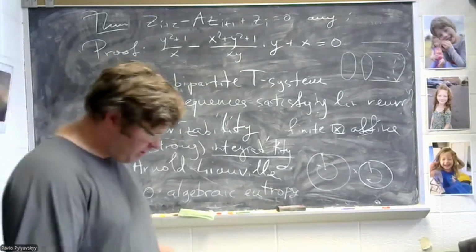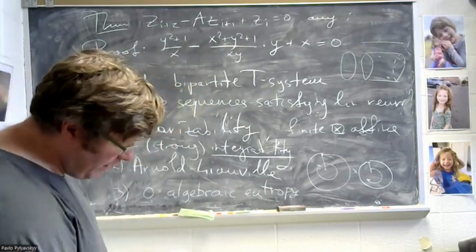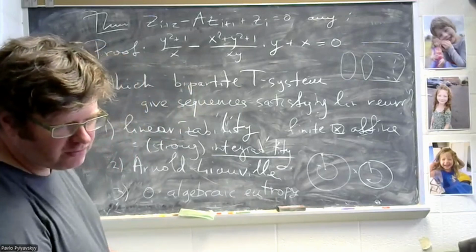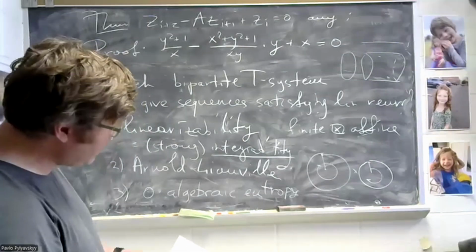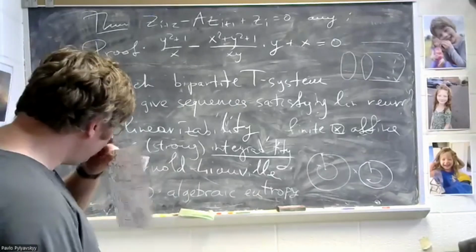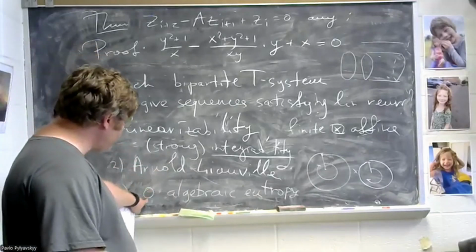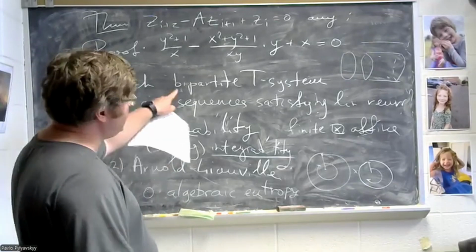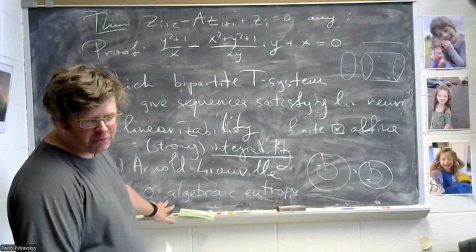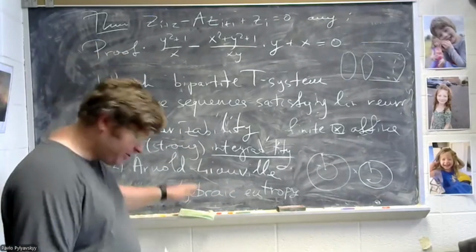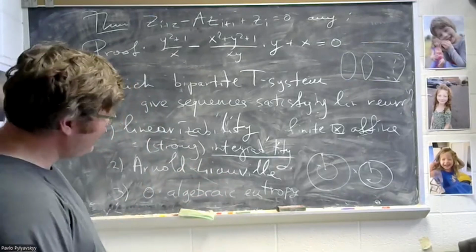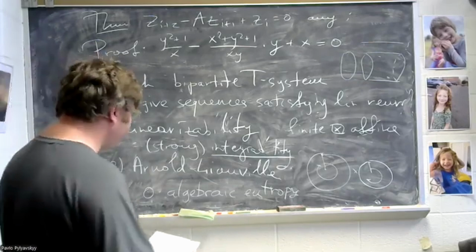Roughly speaking, it means that if you keep applying your algebraic map, the degree should not grow too fast. It should grow at most as an exponential of a polynomial. Okay, so that's the definition. And you could ask which of the T-systems of the kind we are looking at would have zero algebraic entropy. And it turns out that also fits, that's also the right question from our point of view.